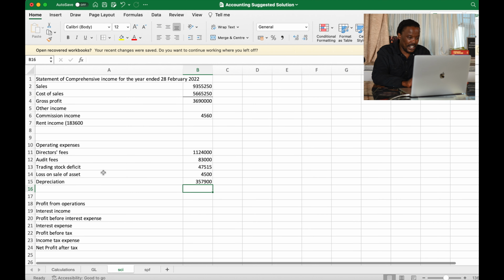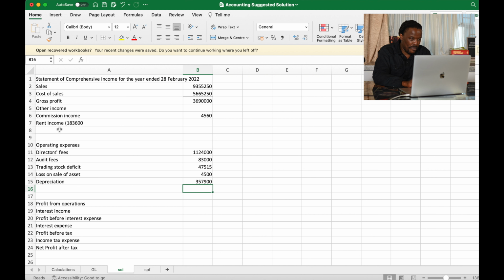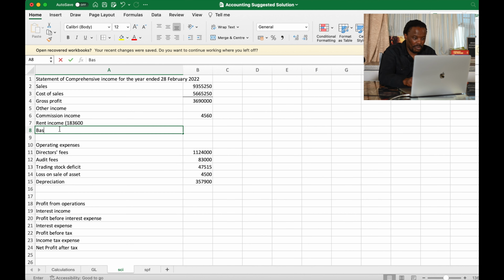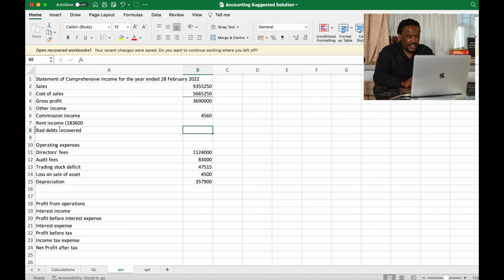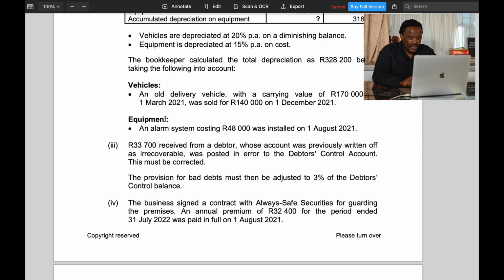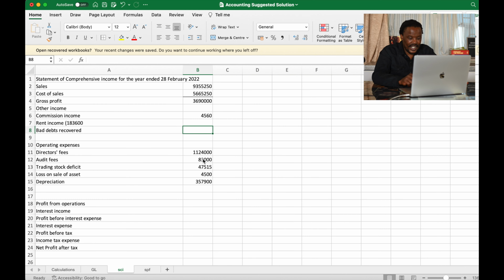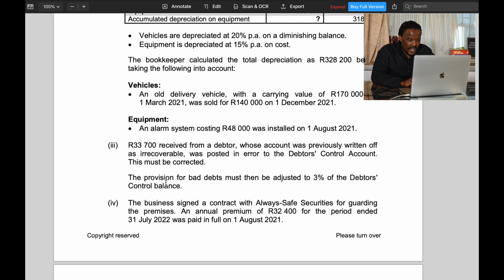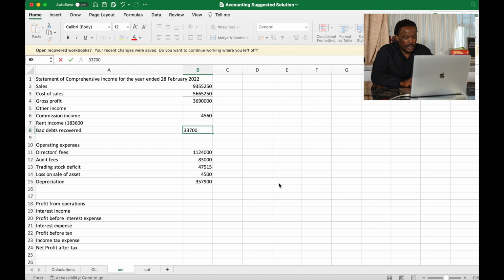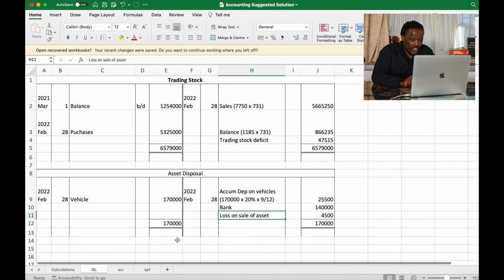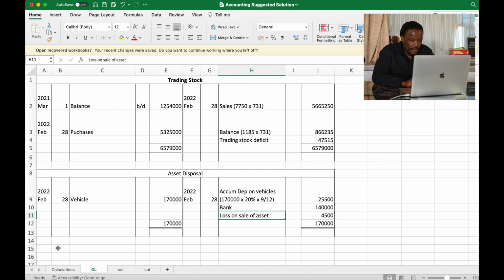Now we have this concept of other income where we got bad debts recovered. How much was recovered from this debtor? 33,700. Now, however, the provision for bad debts must then be adjusted to 3% of the debtor's control balance.